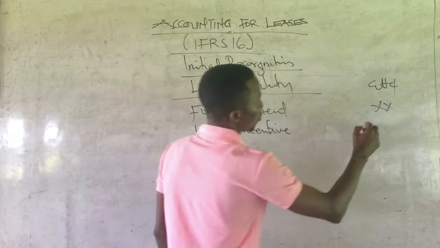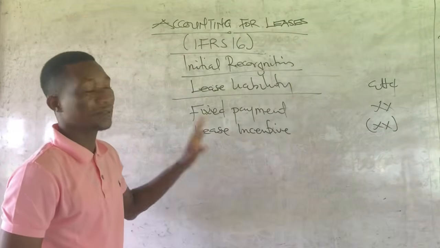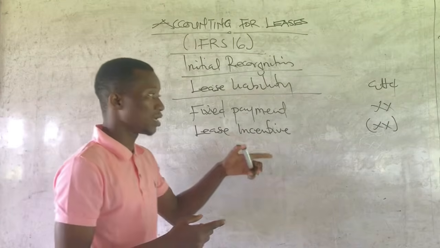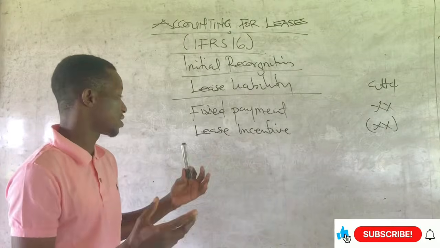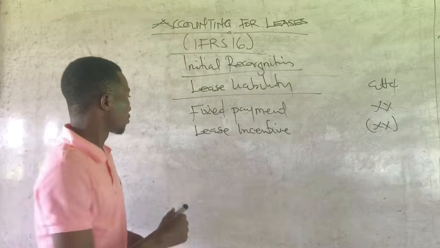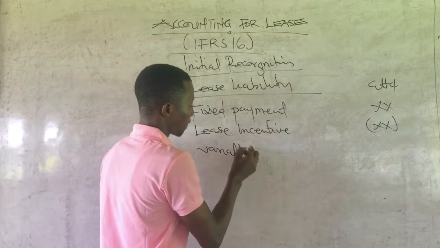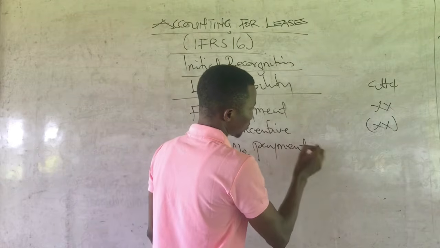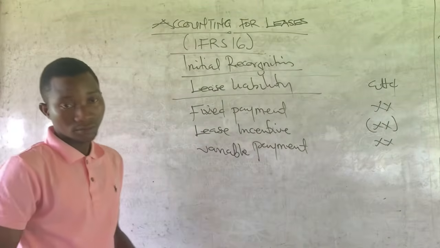Okay. So if there is any lease incentive that is given by the lessor to the lessee, it has to be taken out from the lease liability. And if there is any variable payment, it is supposed to be added. Is that clear?